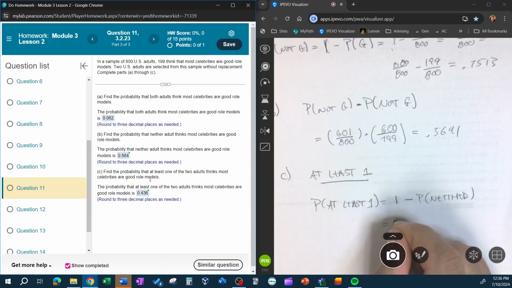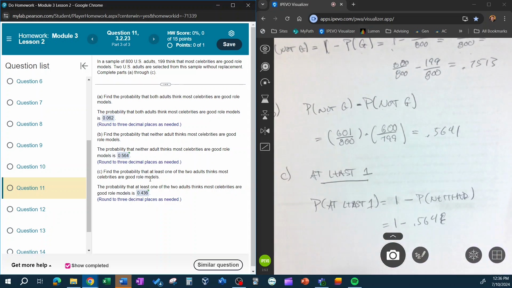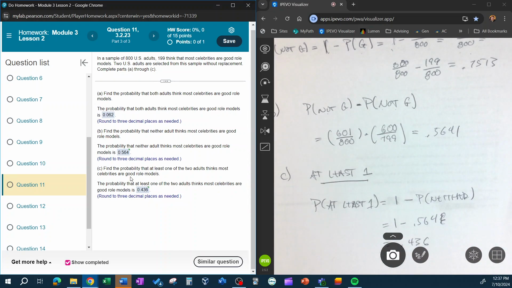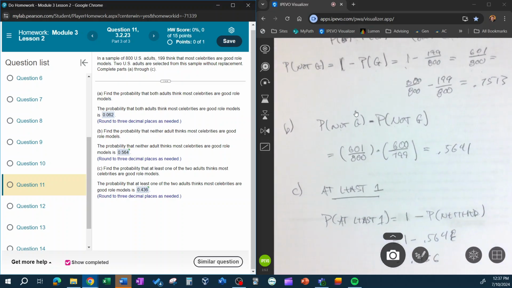Okay, so just know that what you basically do is you subtract this from 1. So this is going to be 1 minus 0.5641, or I think it's just 0.564, yeah, so 0.564. And that's going to be 0.436. All right, 0.436. All right, so just make sure when you see these problems, there's a method to this, and this is what you do over here.